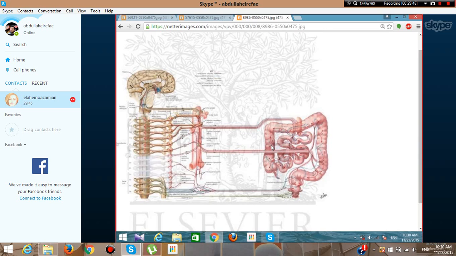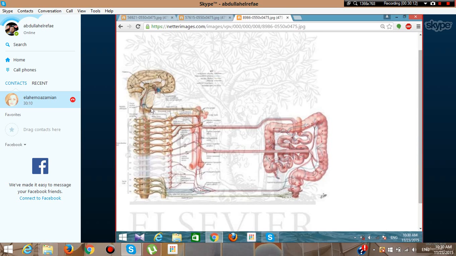Look at the dots in the organ. You have a line and then the dot inside the organ. Do you remember from histo, myenteric or Auerbach plexus, or submucosal or Meissner plexus? In the intestine. So they have inside or intrinsic ganglions, right?